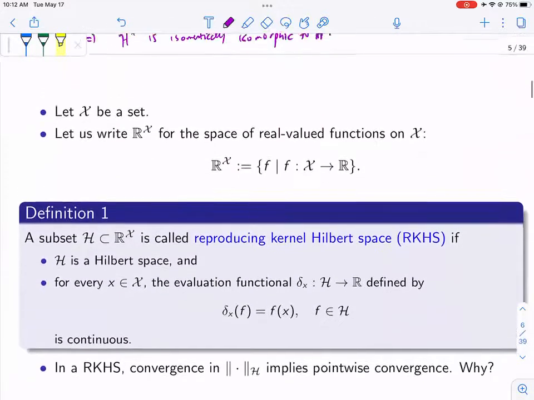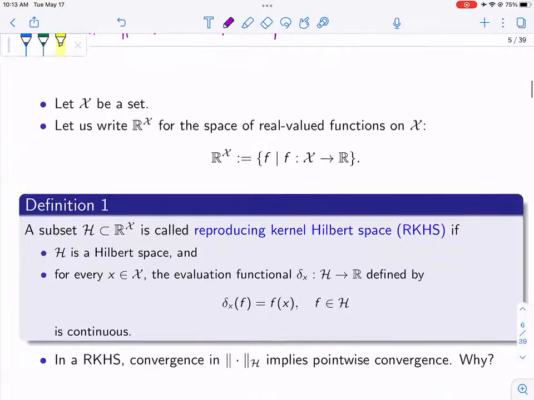So now we're going to use these to study the notion of an RKHS. Let X be a set, just a general set. And I'm going to use this notation for simplicity to denote all the real valued functions on X. You can think of this as infinite dimensional vectors indexed by X. That's why I use that notation.